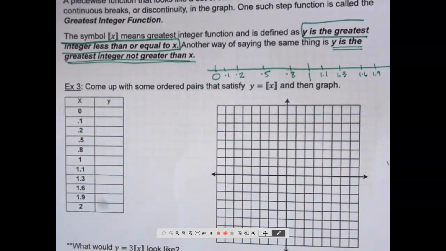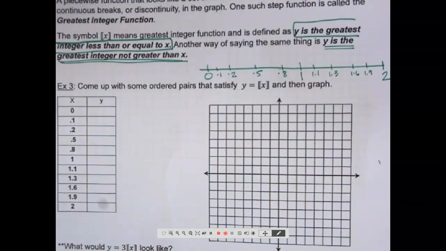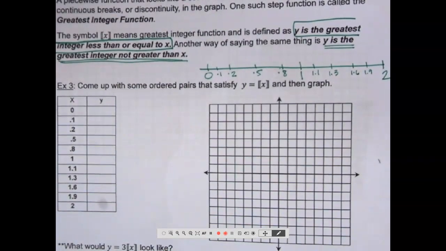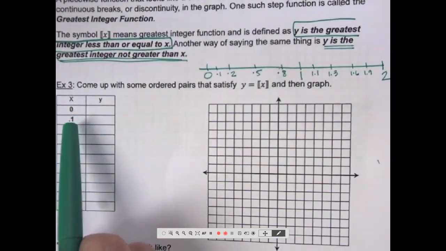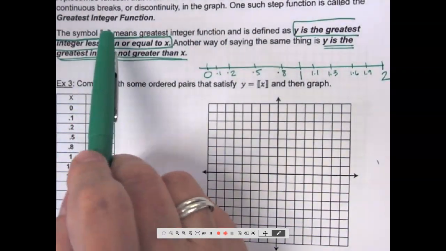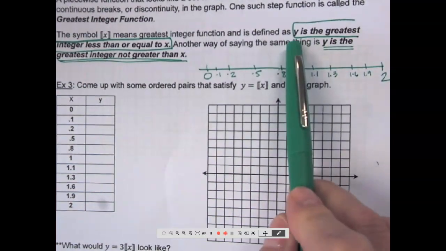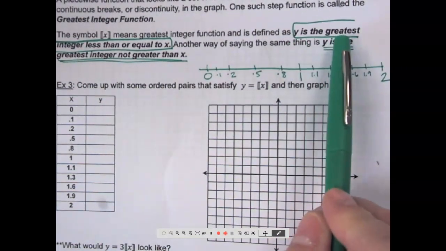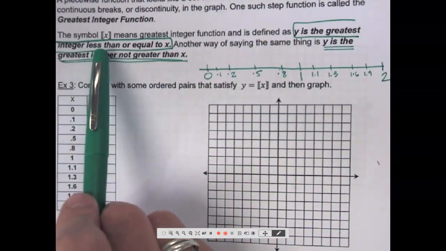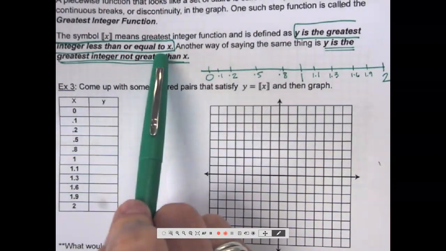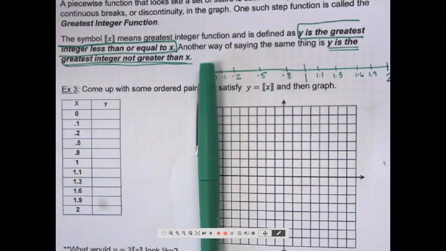Okay, so we're going to go old school and make a table of values that we can plot on the graph to see what this crazy graph is going to look like. If I have the number 0 that I'm subbing into greatest integer, the y value will be the greatest integer less than or equal to x. I think we mentioned yesterday that integers are like those numbers that you would use on a number line: -4, -3, -2, -1, 0, 1, 2, 3, 4.